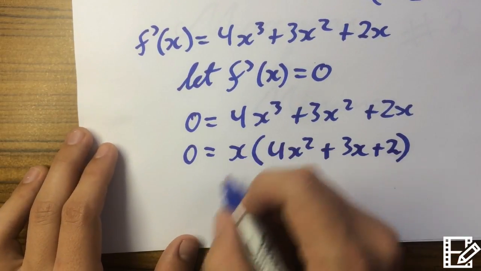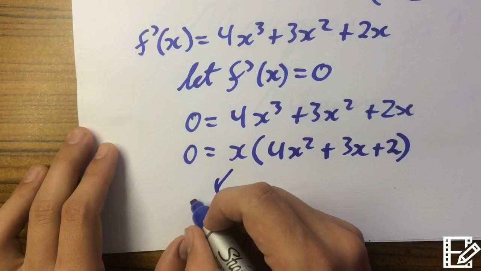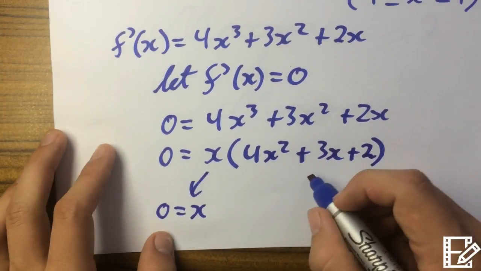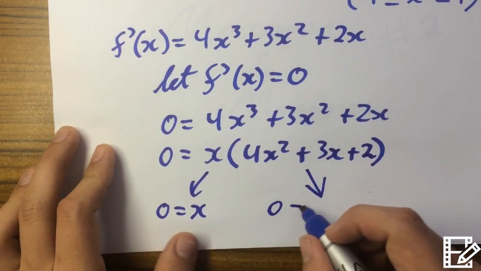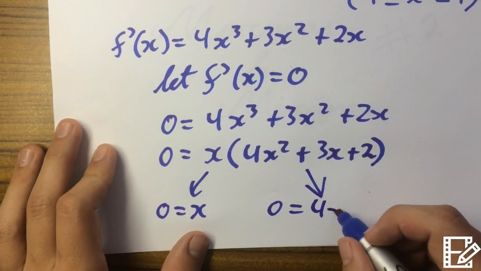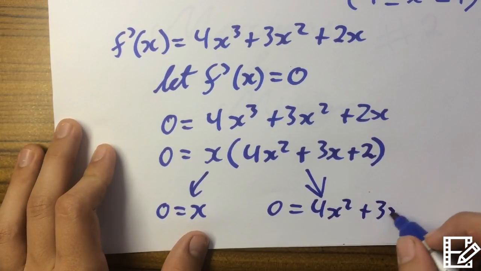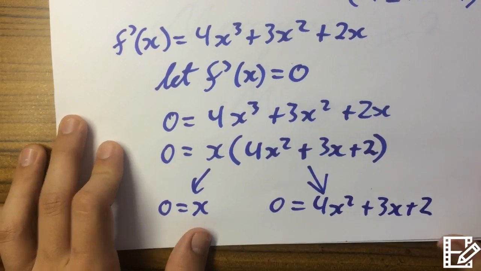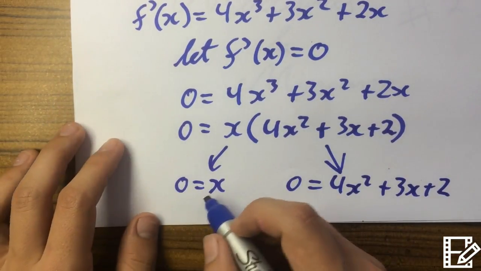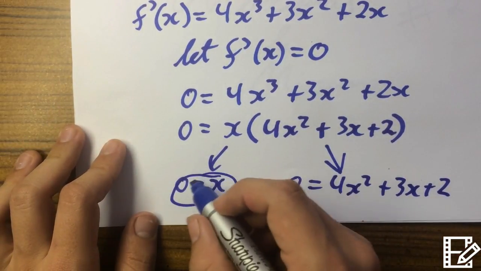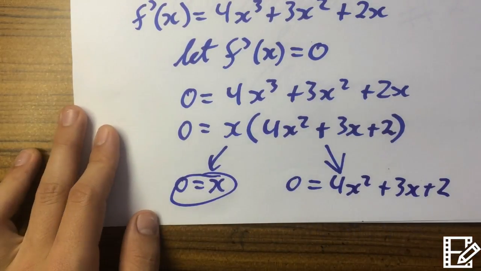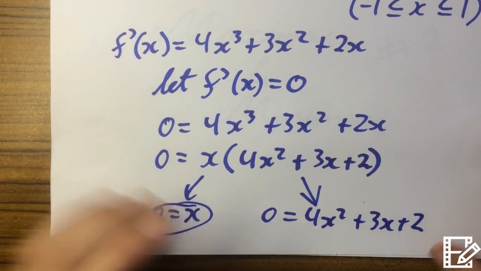So what we do is we split them off, and we make 0 equal to x, and we split it off over here and make 0 equal to 4x squared plus 3x plus 2. Now, here says it all, 0 equals x, therefore, our first critical number is when x equals 0.